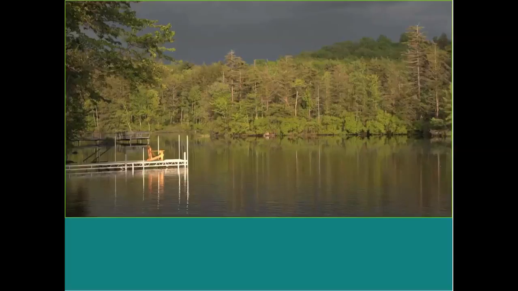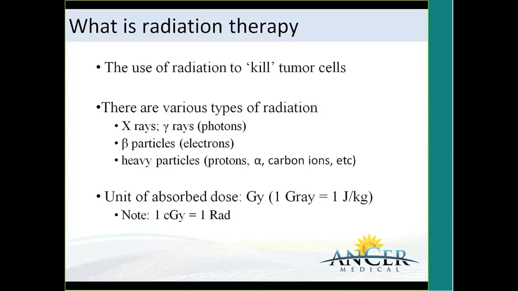We're talking about the different types of radiation, about X-rays and photons and gamma rays. You can treat with beta particles. You can treat with heavy particles, protons, alpha, etc. Keep in mind, absorbed dose, the unit is gray.